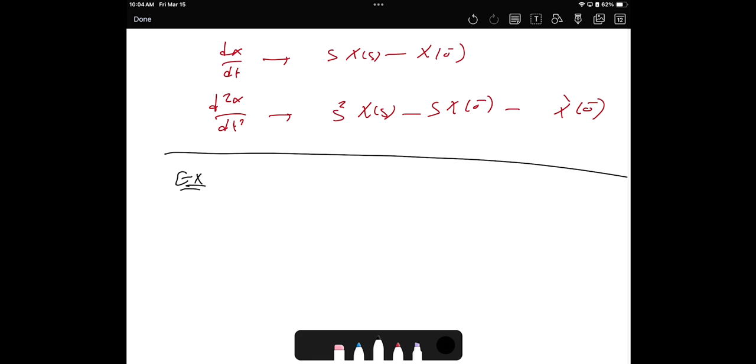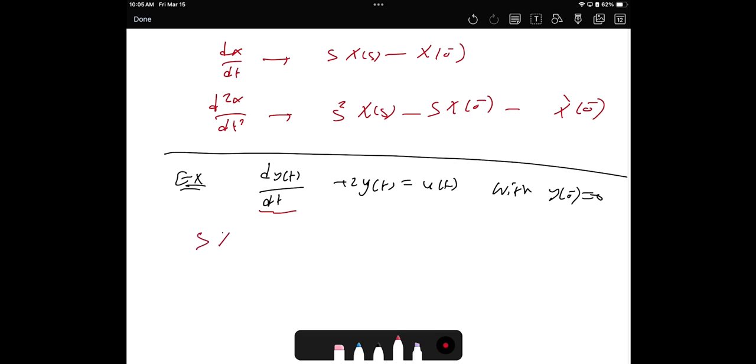Example: let's solve this differential equation, dy/dt plus 2y(t) equals u(t), with initial condition y(0-) equals 0. Let's solve for y. According to the Laplace transformation, let's take the Laplace transform of the derivative.